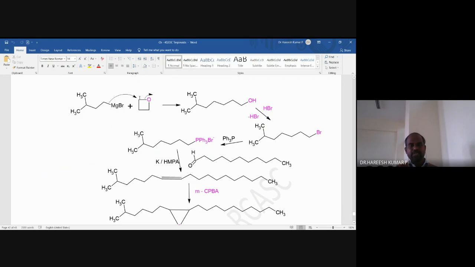So this becomes a carbon moiety: 1, 2, 3, 4, 5, 6, 7, 7 carbon atoms. And of course, if we are considering the substituent also, it will be 8 carbon atoms. But overall, what you need to remember is that there will be a new bond formation between this carbon and this carbon. That is how this product is obtained.